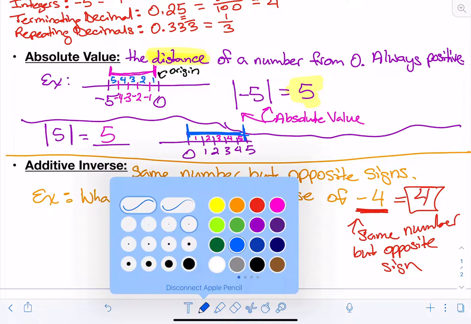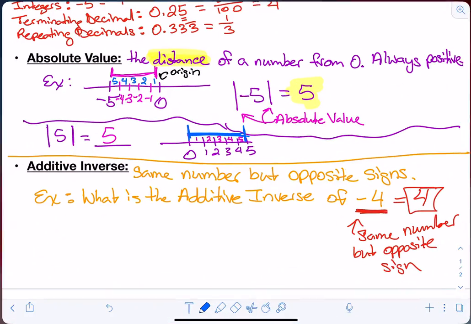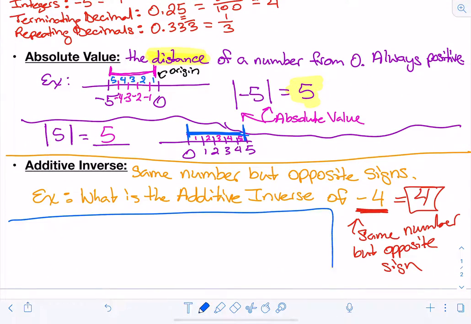Okay, another example, oopsie, sorry about that. Another example would be the additive inverse of +3. Same number, right?